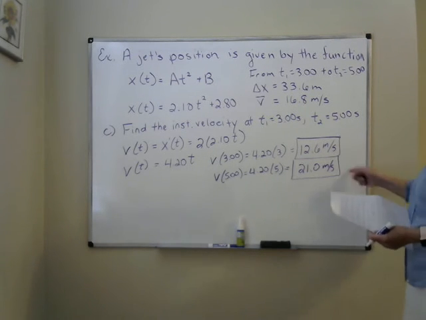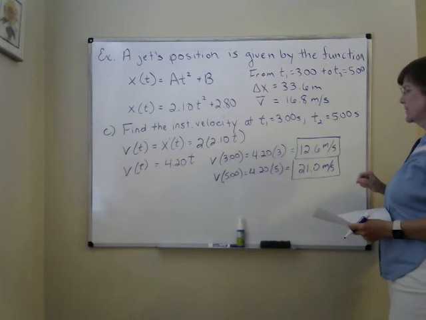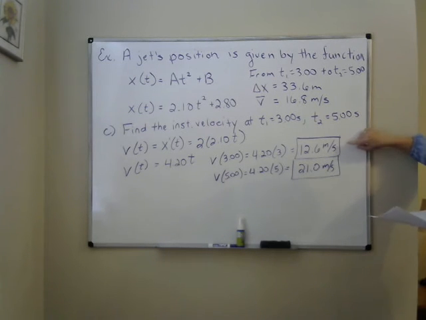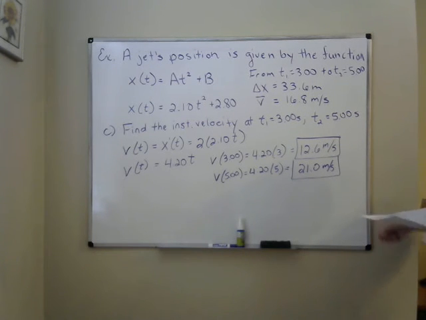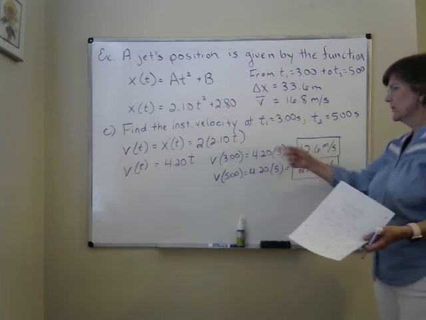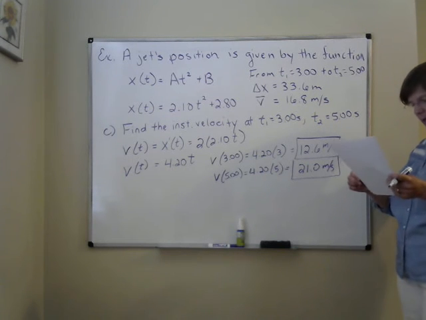Notice that seems reasonable. Our average velocity was 16.8 meters per second. At T1, our velocity was 12.6 meters per second, but at T2, it was 21.0. So knowing the average velocity does not tell you what's going on at any particular time. We could actually plug in and find out what was going on at 4 seconds. If I did 4.20 times 4, I'd get, coincidentally, 16.8 meters per second.